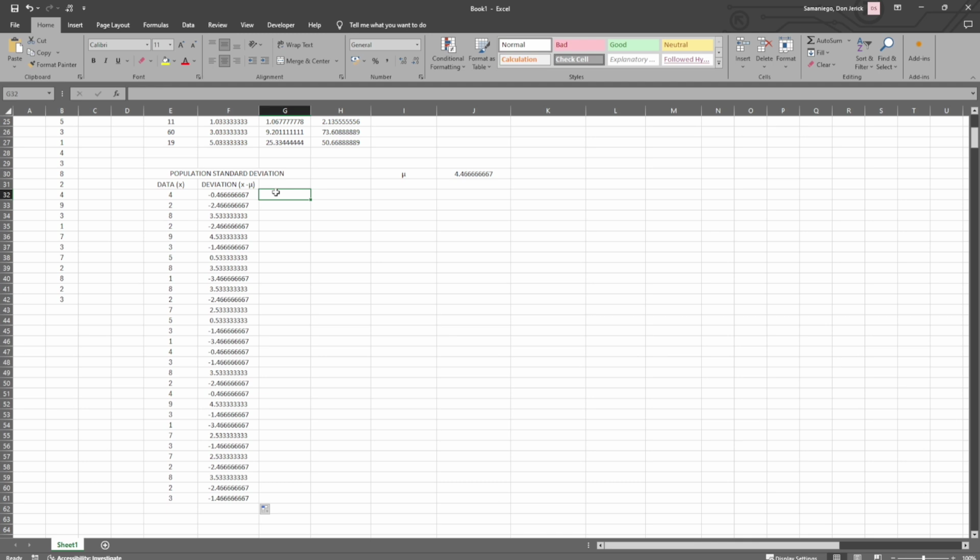The next is the x minus u squared, which is only equal to x minus u raised to 2, or squared, then spread.